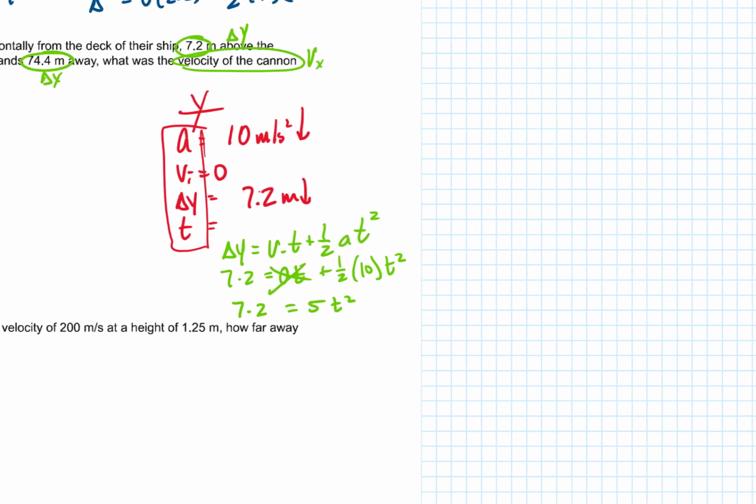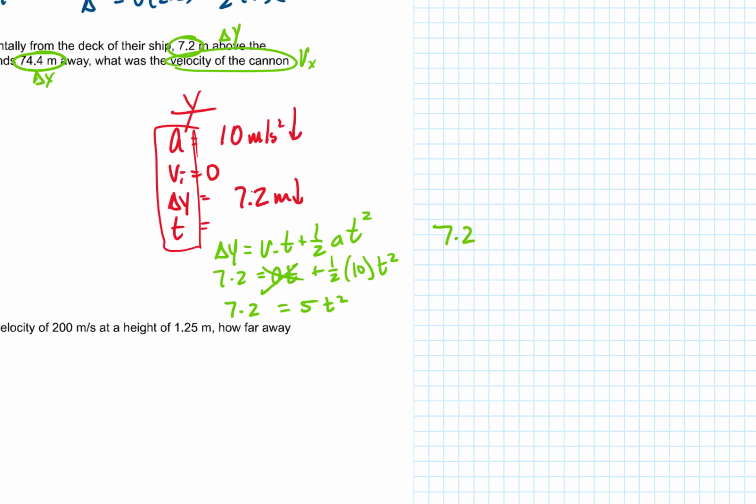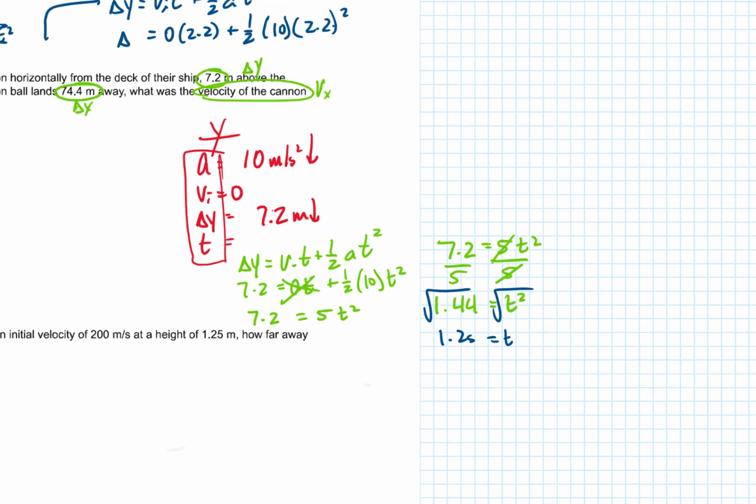We'll divide both sides by 5, and then I have 1.44 is equal to t squared. We'll square root both sides of that, and the time comes out to be 1.2 seconds.